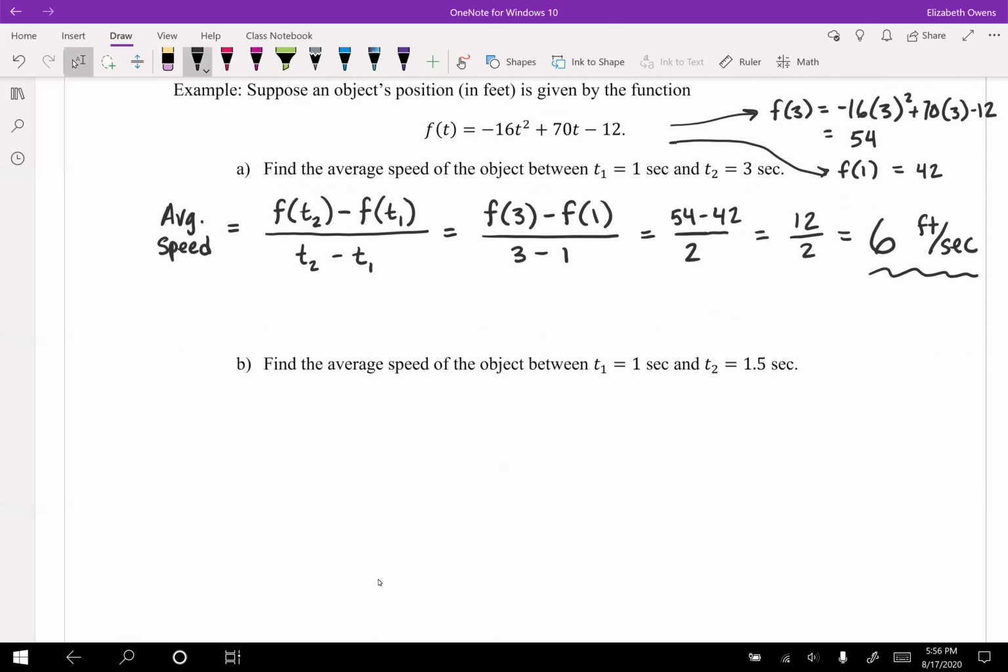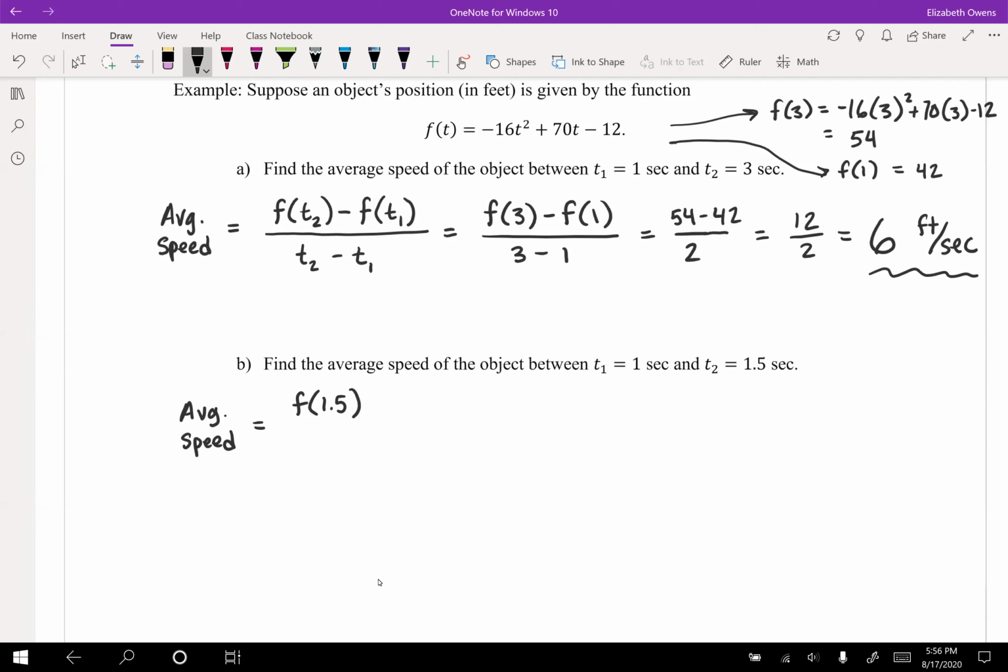We're going to find the average speed of the object now between t1 equals 1 second, like before, but now t2 is going to be 1.5 seconds. Calculating our average speed now, it still uses the exact same formula, f of t2 minus f of t1 over t2 minus t1, but now we have a new t2 value.